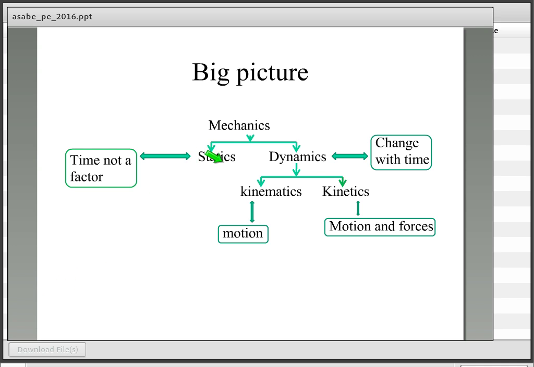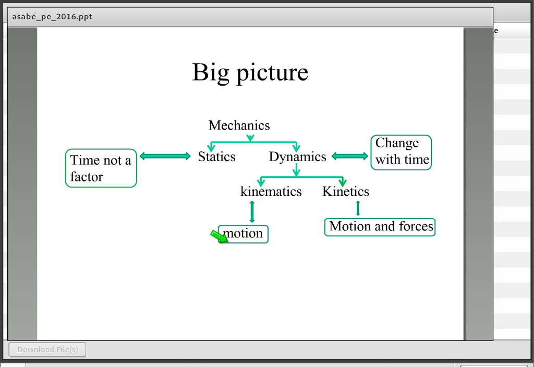Statics, of course, as you recall, does not involve time as a factor. On the other hand, if we're talking about dynamic behavior of machine components, we're involving time, which would possibly involve velocities and accelerations and those types of parameters. And under dynamics, we would have kinematics, and we could also have what's called kinetics.